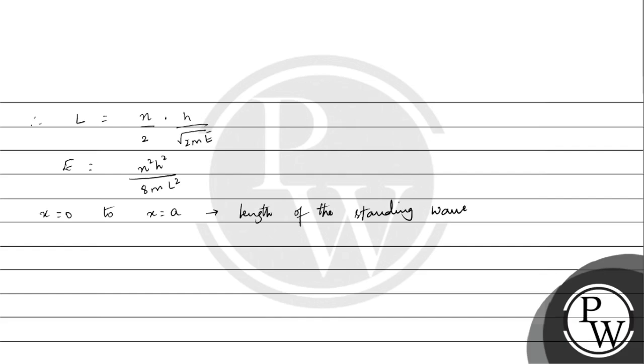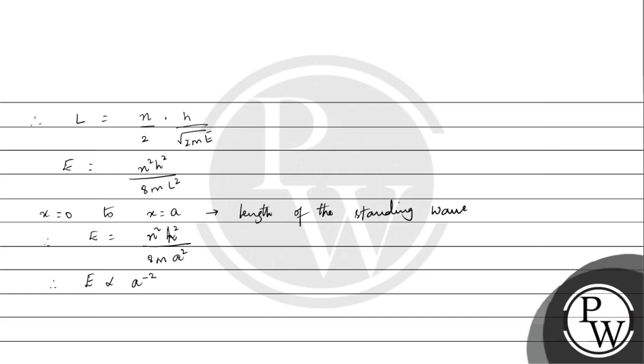So therefore हम energy लिखेंगे. The length will now be a minus 0, which is equal to a. So energy will be n squared h squared divided by 8m a squared. So for a given value of n, h, m and n are constants. So therefore E will be proportional to a to the power of minus 2.